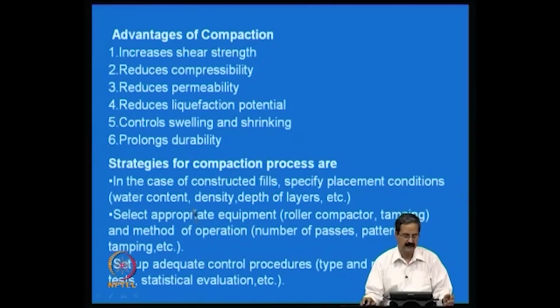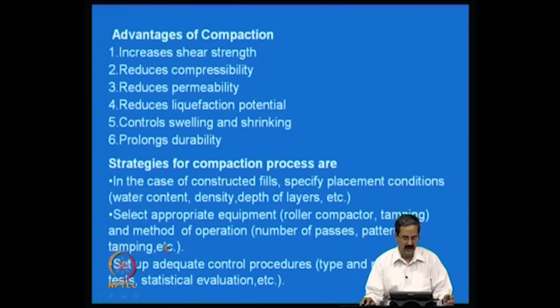You must be able to say what should be the water content of the fill, what should be the density and the number of layers, and we should be able to suggest the appropriate equipment as well, say for example, roller compactor or tamping, and the method of operation also. For example, this includes the number of passes, patterns of tamping, etc.